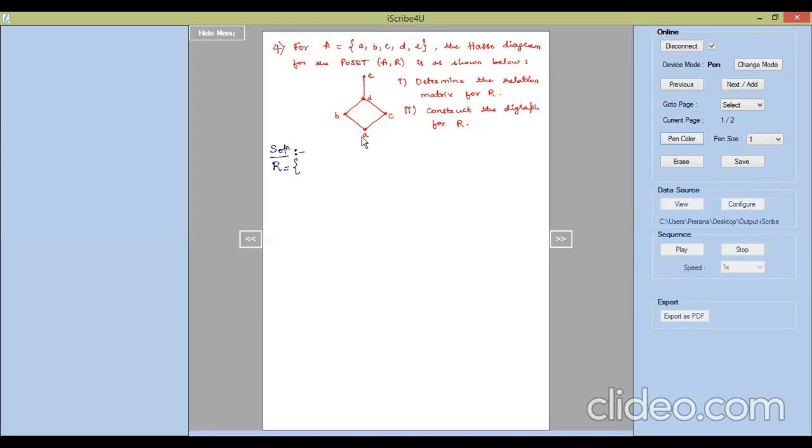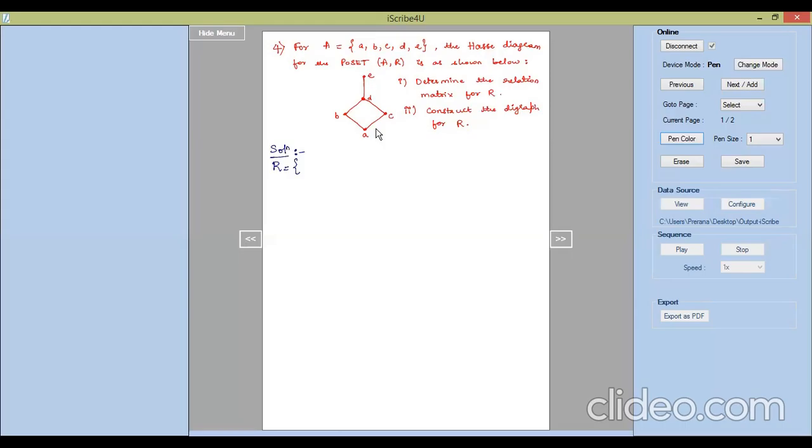Correct? So we'll go in an order as usual. It will help us a lot when we go in a particular order with the vertices. It will help us to write down clearly without any confusion, without any repetition, or without leaving out some of the ordered pairs.